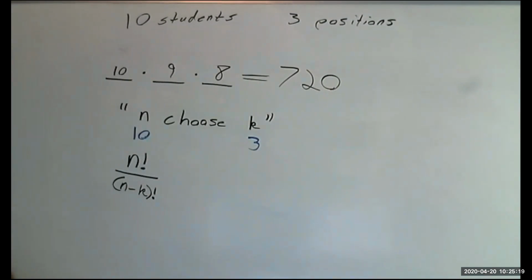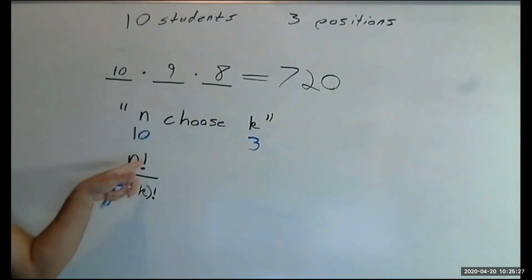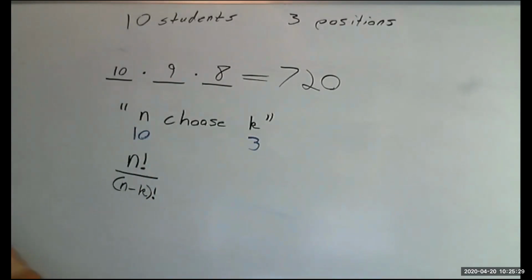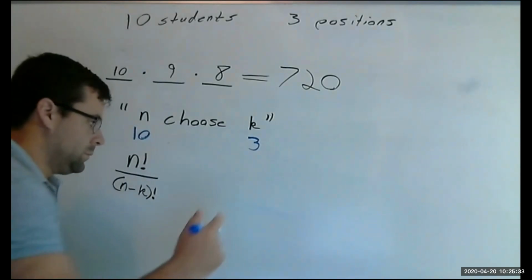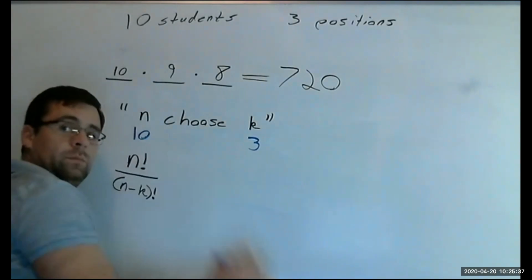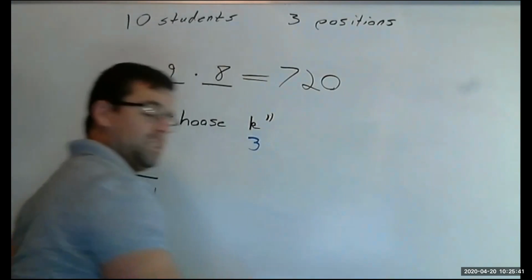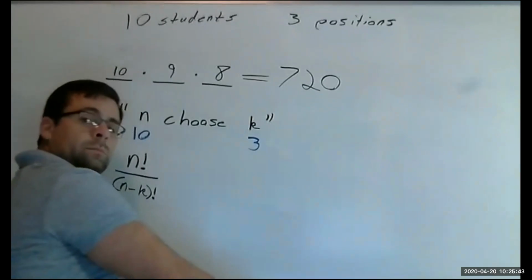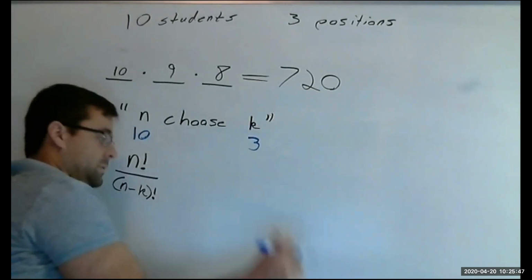This seems kind of random, but in our case, what is n factorial? What is n for this problem? 10. It's the students.